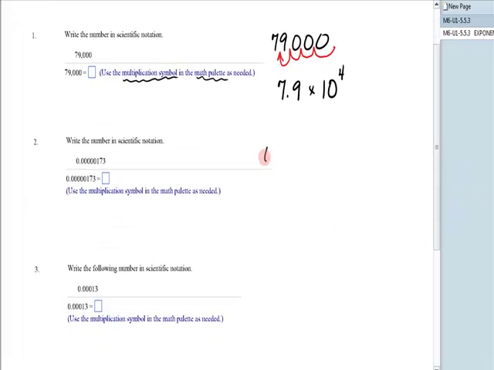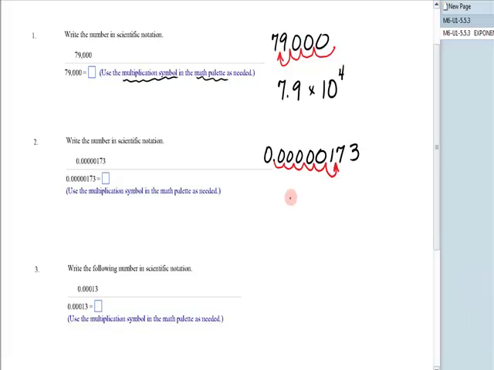The next one is 0.00000173. I hope I copied it. 1, 2, 3, 4, 5. Okay. To write this in scientific notation, the decimal point will have to go here. That means I'm going to have to move it 1, 2, 3, 4, 5, 6 places.